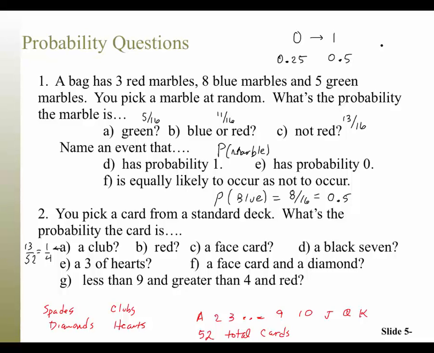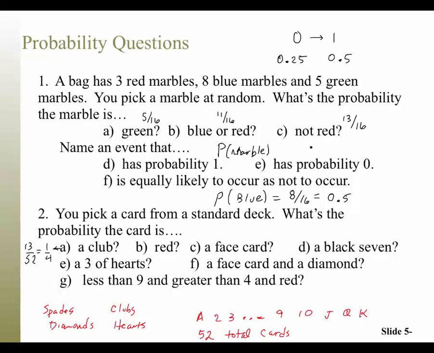Remember, it was the portion of everything, which was 1, that is the focal event, and that is the same as probability. They're like twins, relative frequency and probability.